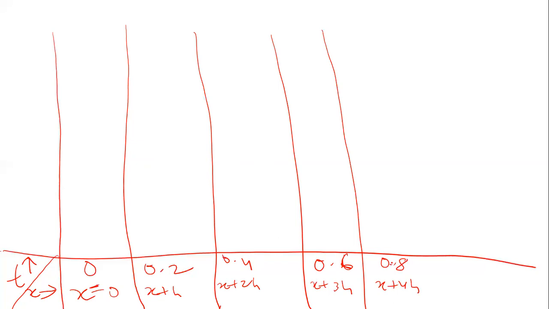You know that the h value is 0.2. So x plus 5h will be 1. Okay, the x value is 1 here.